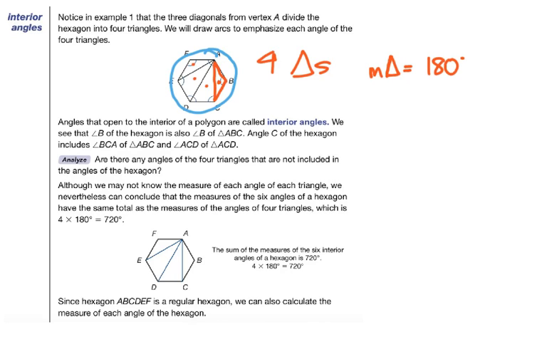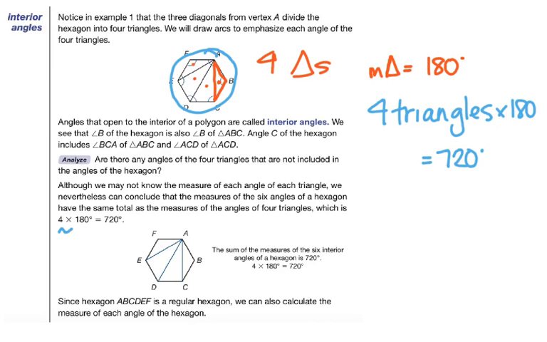I could say, well, if I have 4 triangles and they each are going to measure 180 degrees, 4 triangles multiplied by 180, that's going to give me 720 degrees.